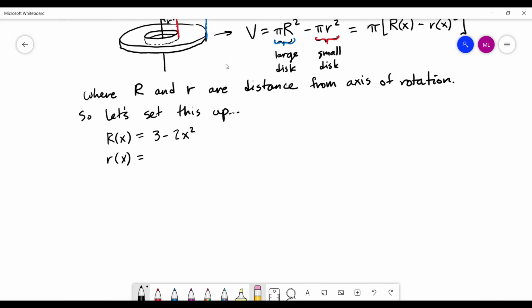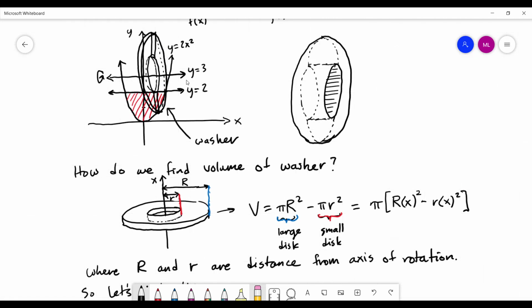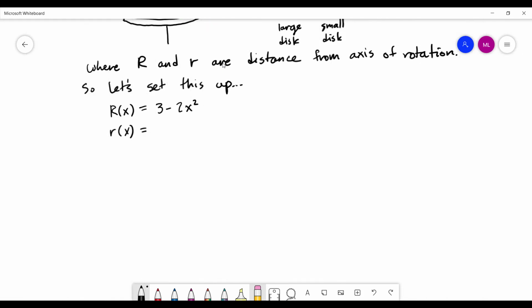That is our formula for that radius. For the little radius, it's the distance from the axis of rotation, which is y equals 3, down to this line, which is y equals 2. And that one happens to be constant. It's from y equals 3 to y equals 2, so it's just 3 minus 2, which is 1.